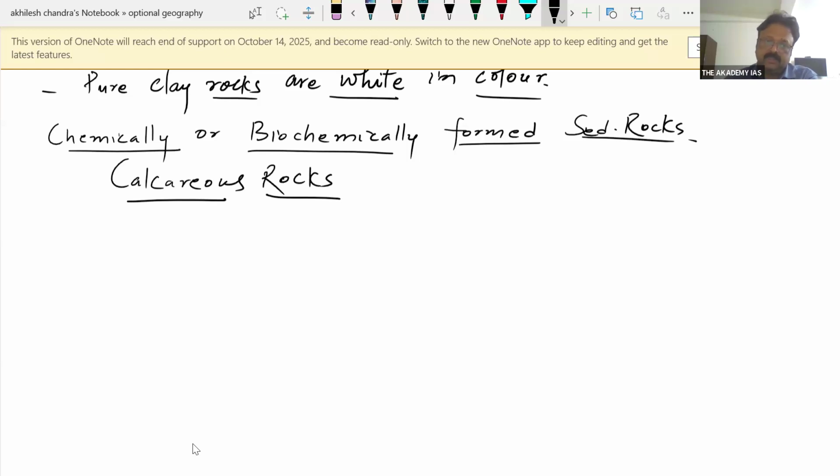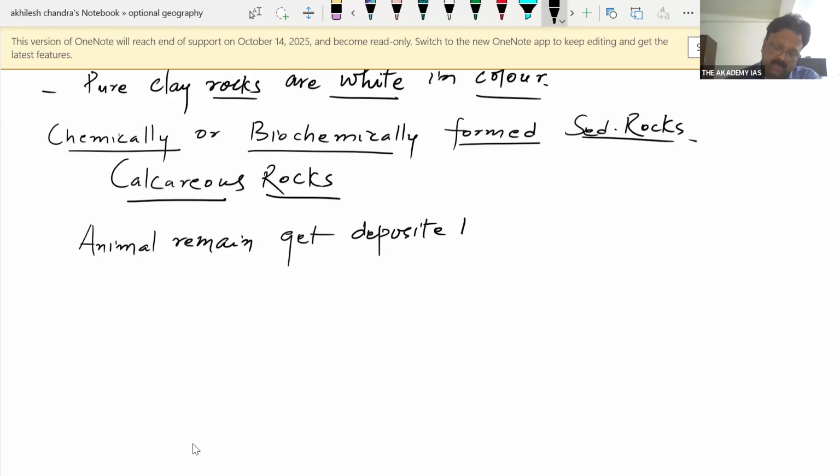So it is either animal skeletons or animal remains that get deposited. Animal remains get deposited. Okay. Then it is calcareous rocks.